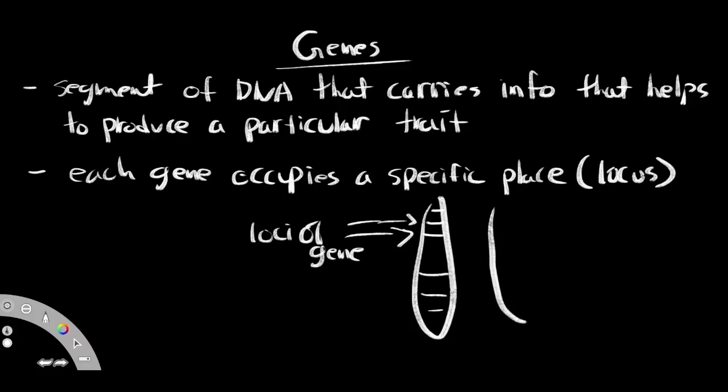If we were to get another one over here and mix them together, it's possible that one parent's purple petal might be matched with the pink over here, also within the same specific loci area, because this area is coding for the trait of petal color. These different colors are different versions, so these different versions of a gene are called alleles. An allele is a different version of a gene.